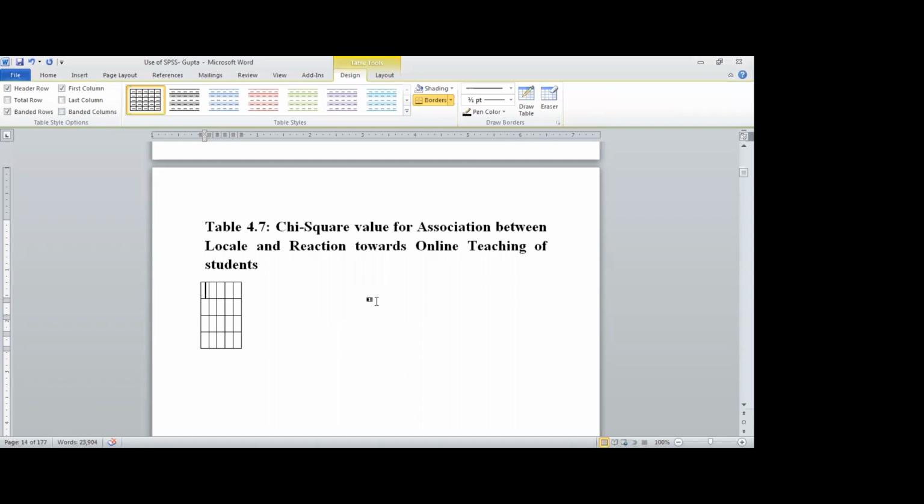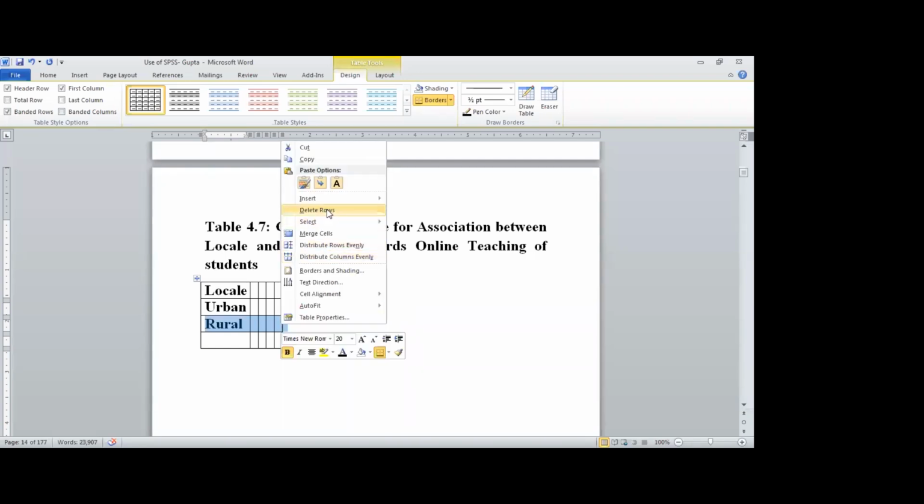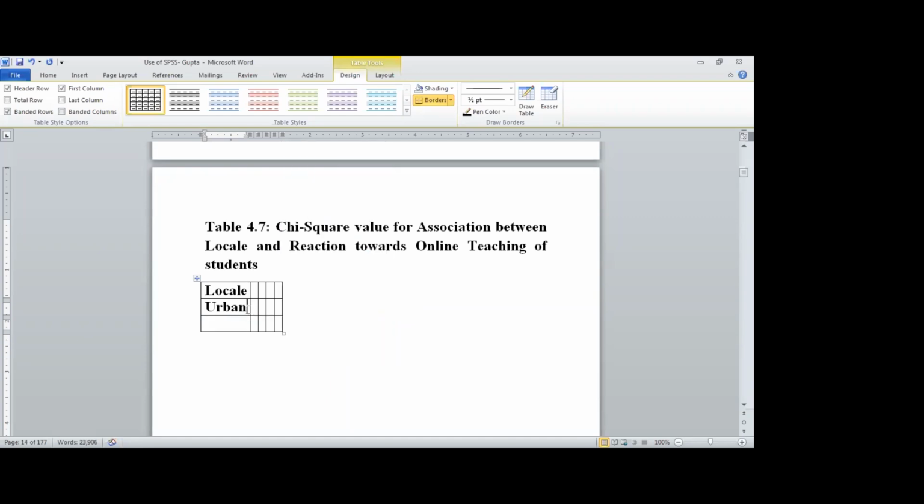So here is my locale, that means urban and rural. If you want, you can write here urban and rural. Here it is agree, here it is undecided, here it is disagree, and this is my chi-square.